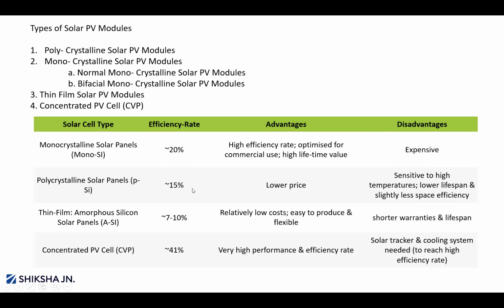Polycrystalline modules are still at 18% efficiency only. We are now using them very little. Manufacturers will stop polycrystalline modules completely in maybe another 2 to 3 years, and then we will use only monocrystalline modules.